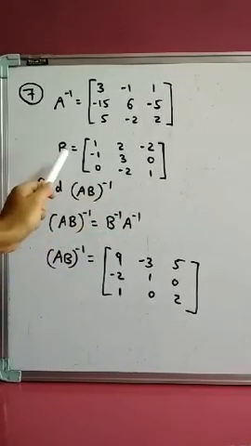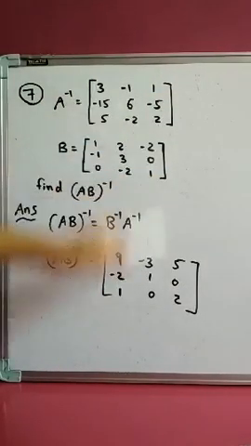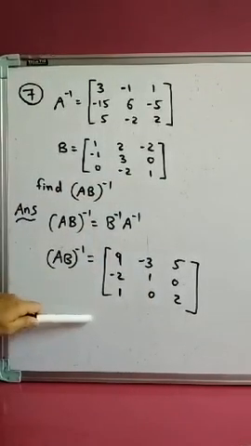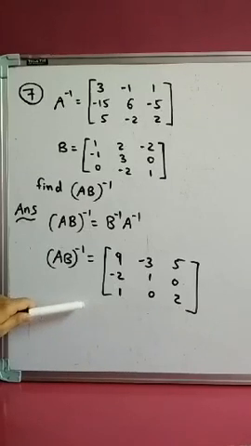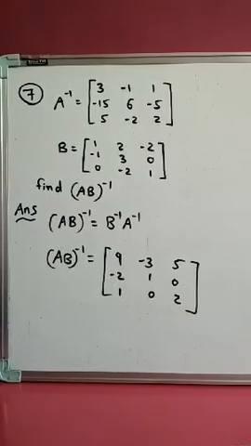From B we find B inverse, multiply that with this matrix, and you will get this answer. Within a few minutes you will get your answer. I have written the answer over here; check it with your answer. This is just for practice. I hope answer 7 is clear.